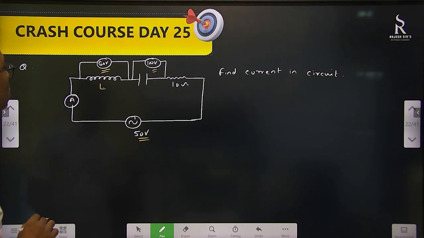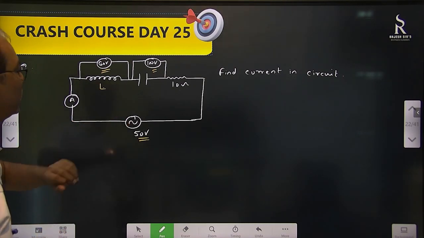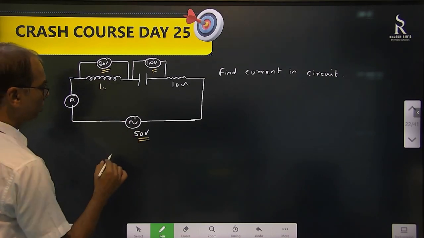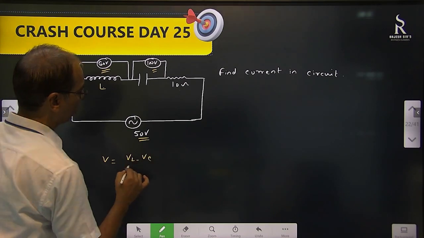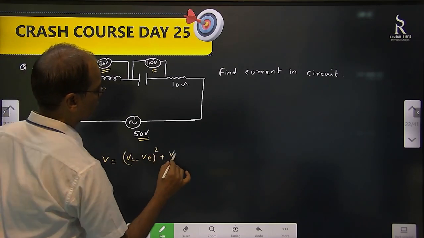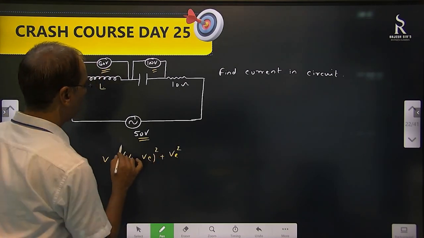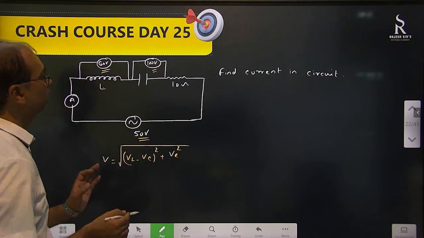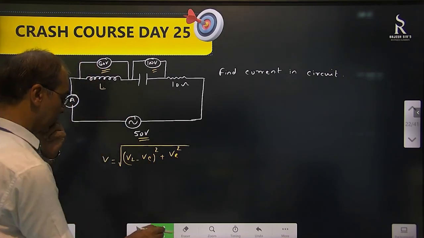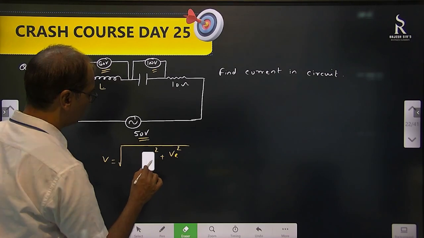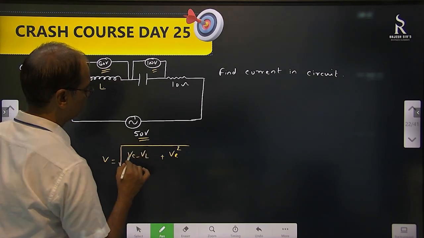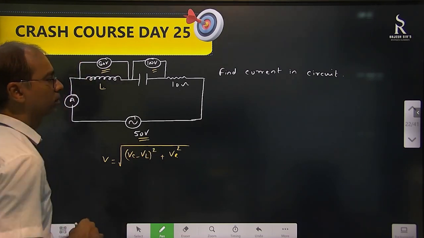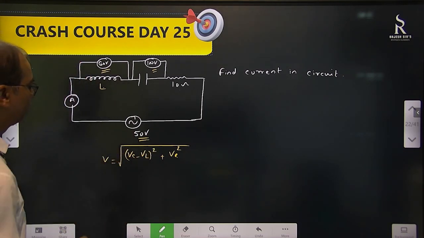Okay. So what we know in an LCR circuit, this is V, no? So V actually is either VL minus VC whole square plus VR whole square, or the other way around, maybe VC minus VL. But here, yes, this is VC minus VL, I am writing VC minus VL. Why? Because VC is more. This is given 50, so this is 50.